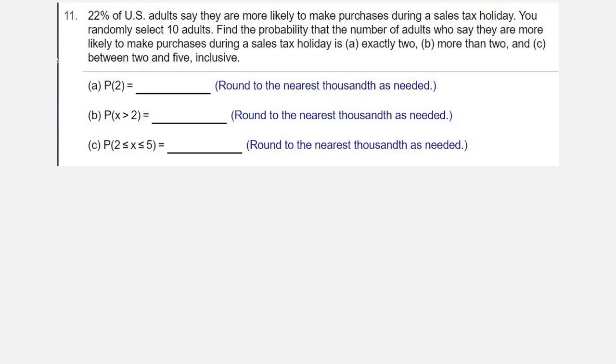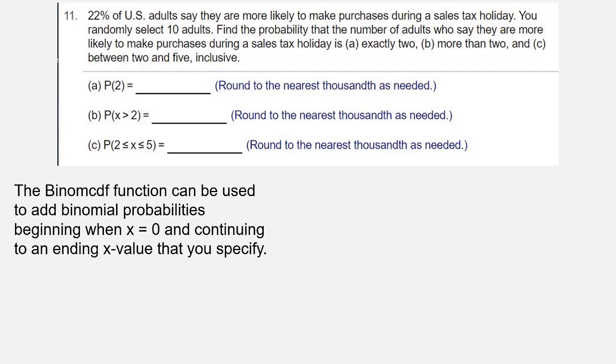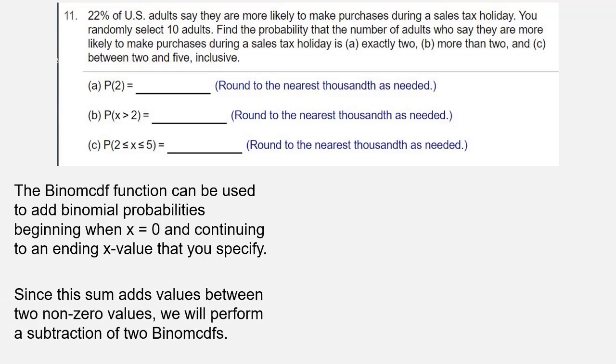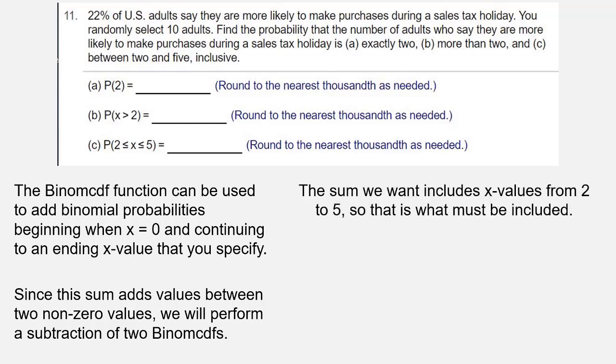Again, this is a sum that doesn't start at 0. The binomCDF function can help us though. If you think about this sum, it adds values between 2 non-zero values. So we're going to actually have to do 2 binomCDFs subtracted from one another. The sum we want includes values from 2 to 5. So that's what we have to include in our sum.